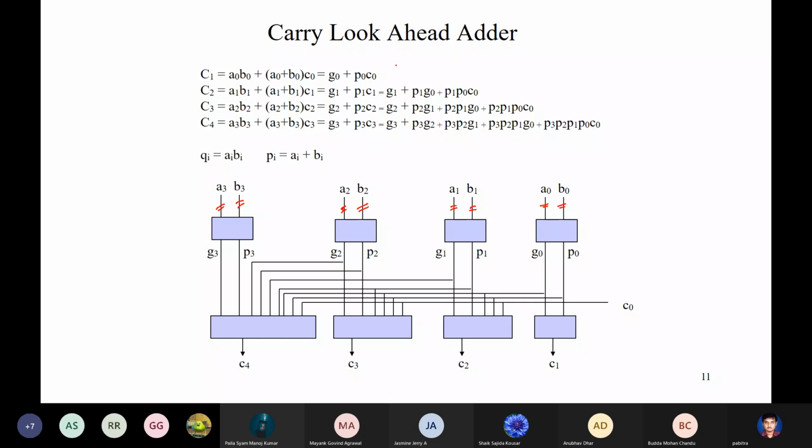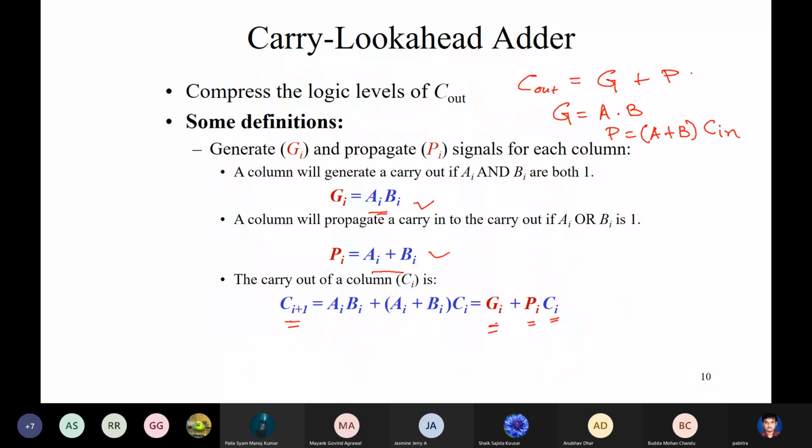The carry of the first column, C1, is G0 plus P0 C0. What I am doing is using the definition of G and P.